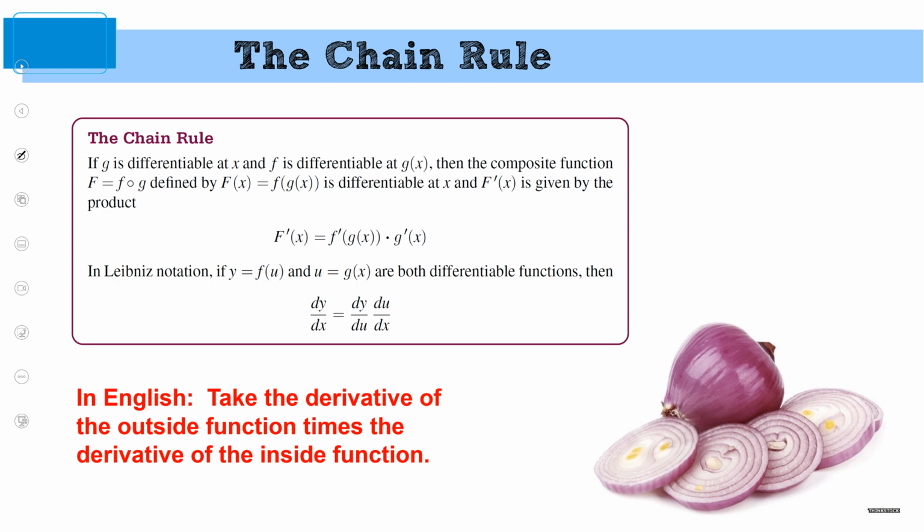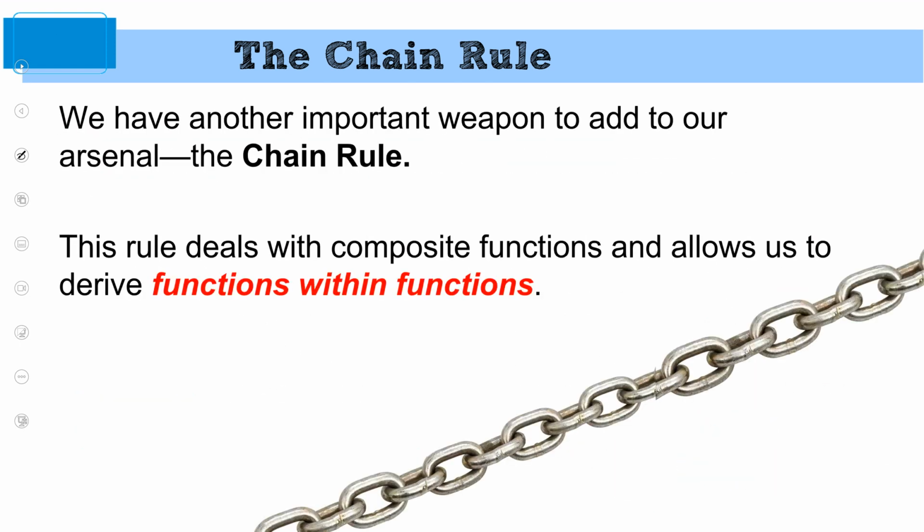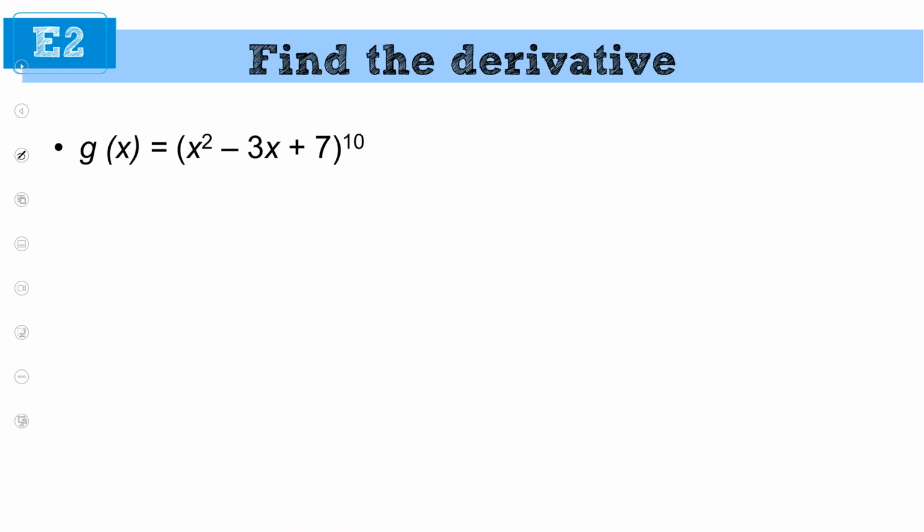Okay so far? Beautiful. Let's go back to this example. All right, here we go. Which one's on the outside? To the 10th. Okay, so if I take the derivative of g prime of x, what's the derivative of some function, whatever you want to call it, raised to the 10th power? 10 something to the 9th, right?